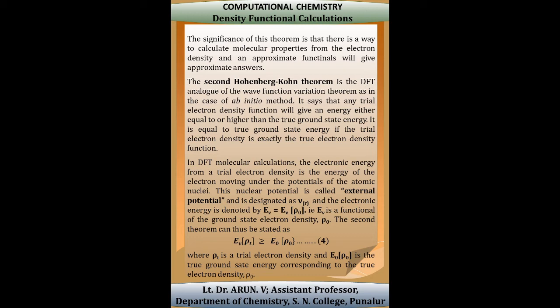In density functional calculations, the electronic energy from a trial electron density is the energy of the electron moving under the potentials of the atomic nuclei. This nuclear potential is called the external potential and is designated as nu(r).